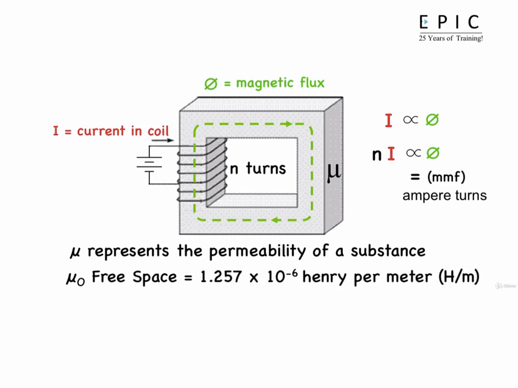This constant is equal to approximately 1.257 times 10 to the minus 6 henries per meter in free space or a vacuum. In other materials, it can be much different, often substantially greater than the free space value, which is symbolized by the Greek letter mu with a subscript 0.